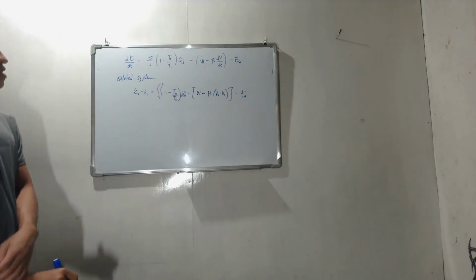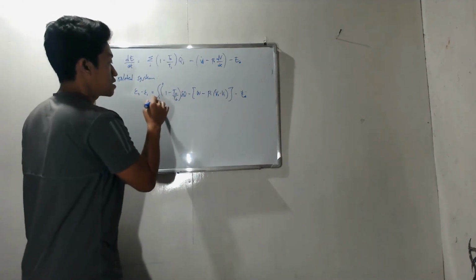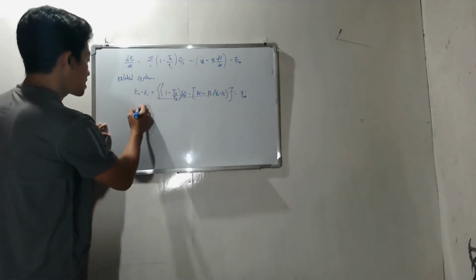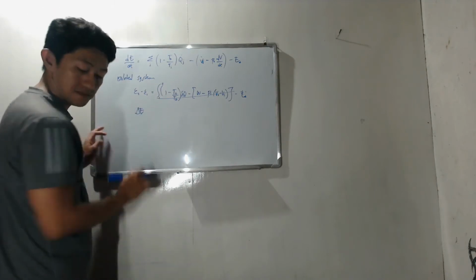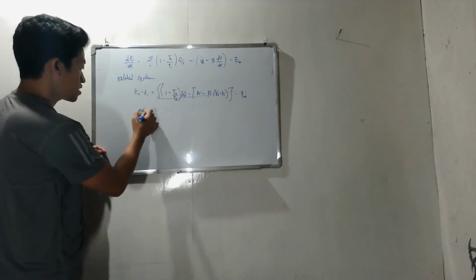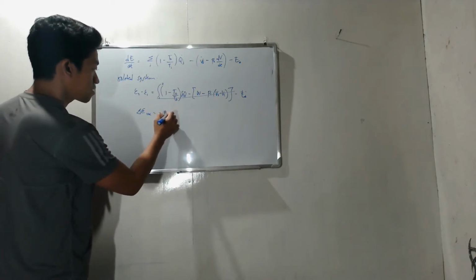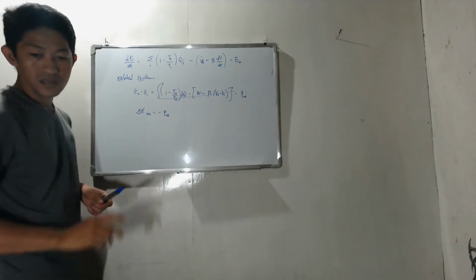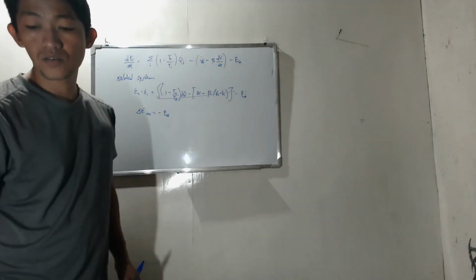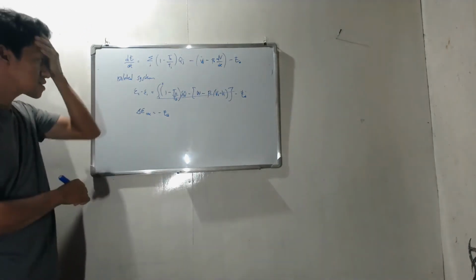For an isolated system, there is no work and no heat transfer, so those are zero. Therefore, what remains is that the change in exergy is just equal to negative exergy destruction. Okay? That is for an isolated system.